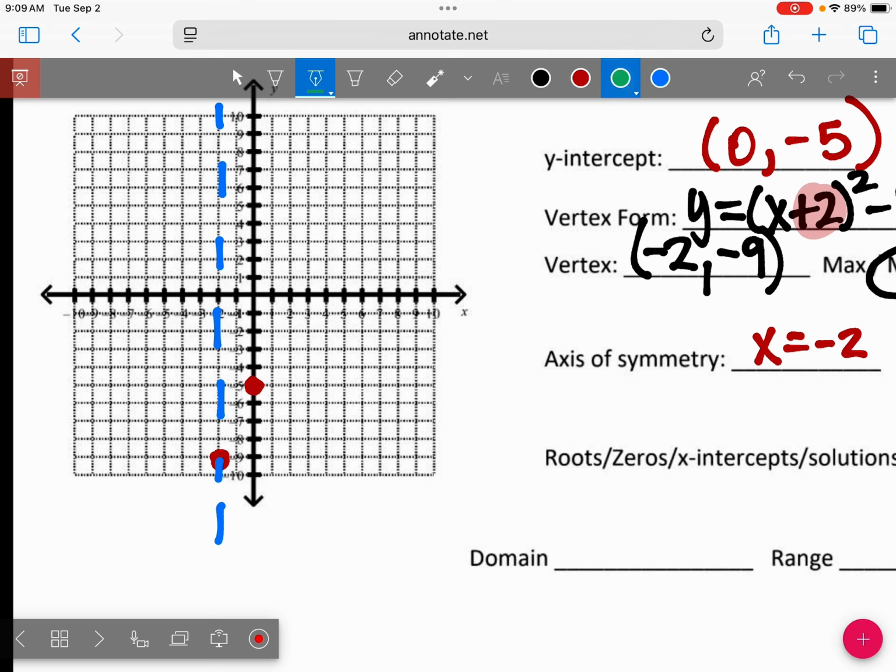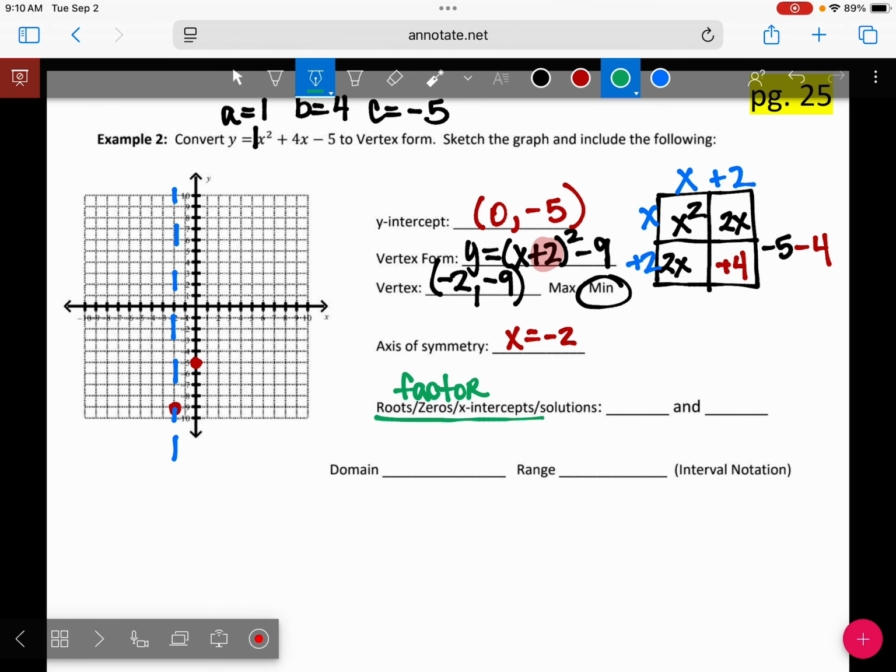All right, so here, this is the factor. We got to factor it down. And when you factor it, I need two numbers that multiply to -5 but add to 4.